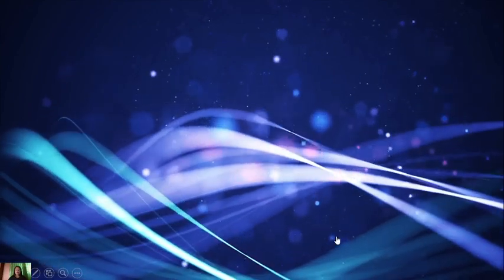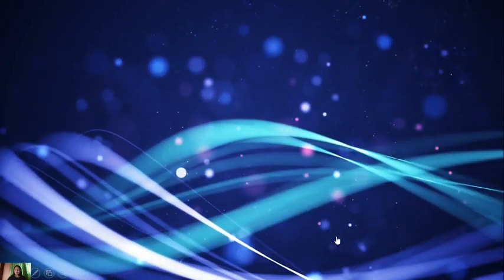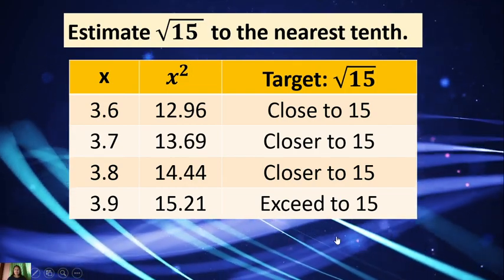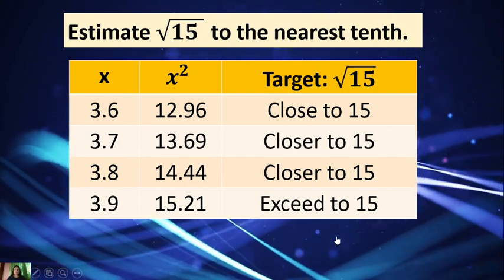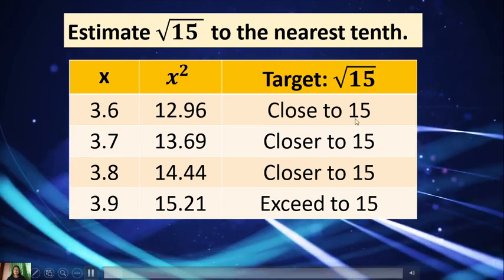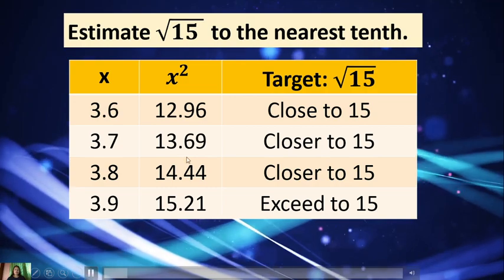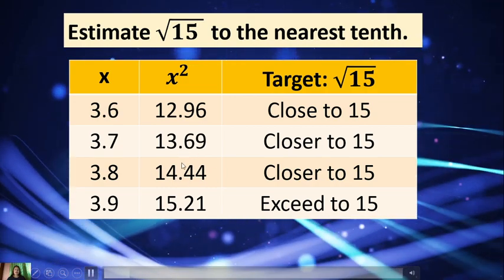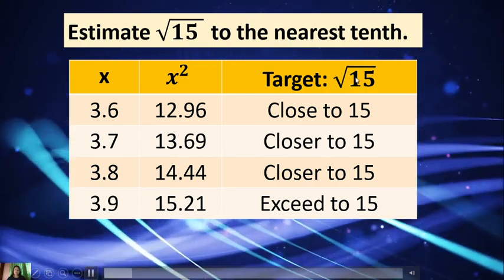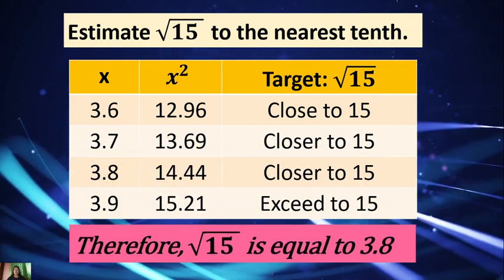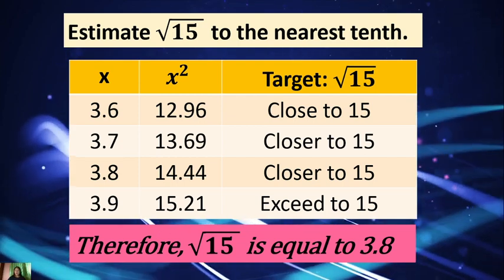And then, gagawa ka ngayon ng table to determine which among of the squared values is closest to our target radical, which is square root of 15. And that is 14.44 ang pinakamalapit sa 15. And that square root of 15 is equal to 3.8.